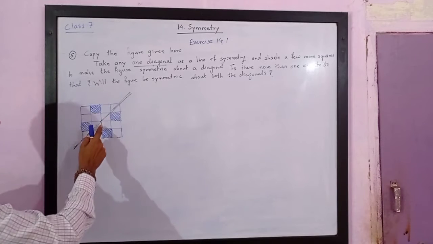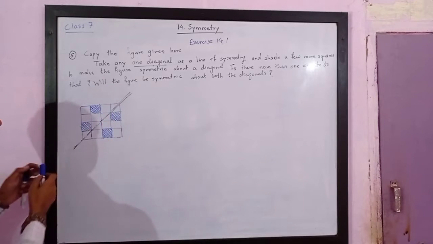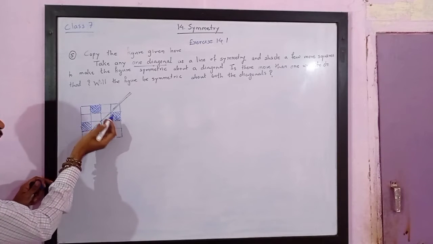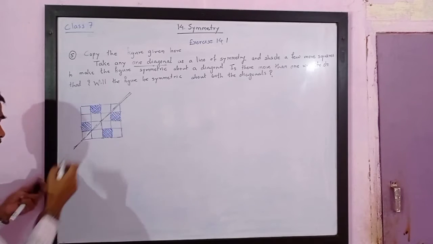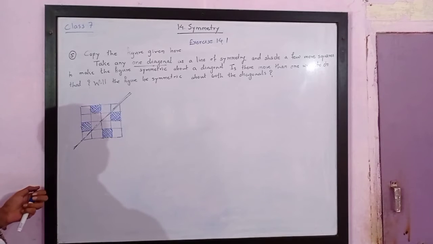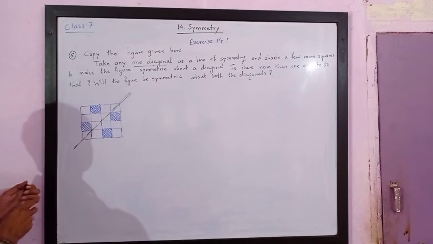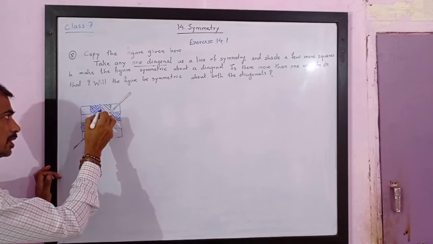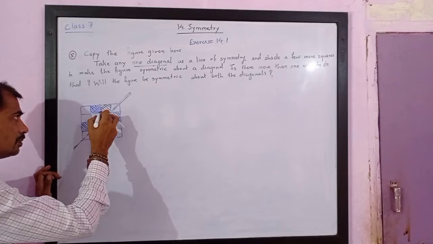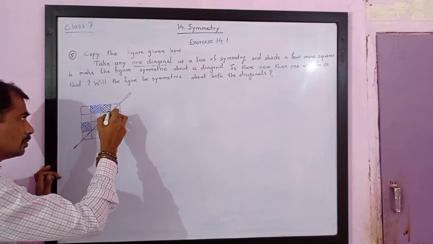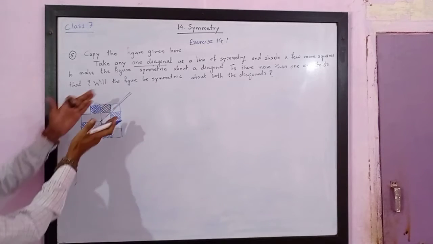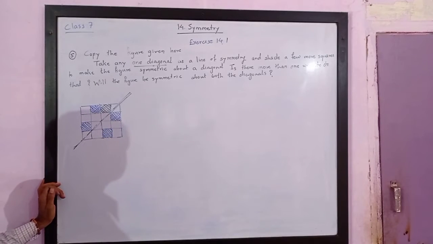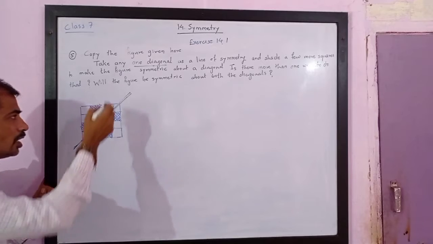Now if this is a line of symmetry, please note, then we will get this square here. The image will be here. I will draw with a black pen so that you will understand that it is an image. Now we know that the image is equidistant from the line, from the mirror, or you can say the fold.